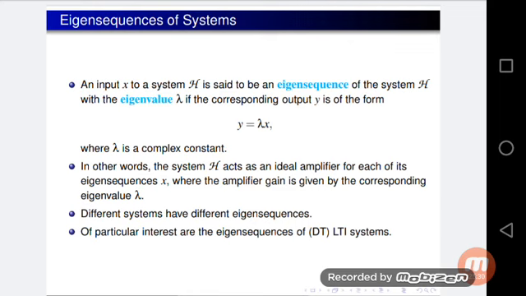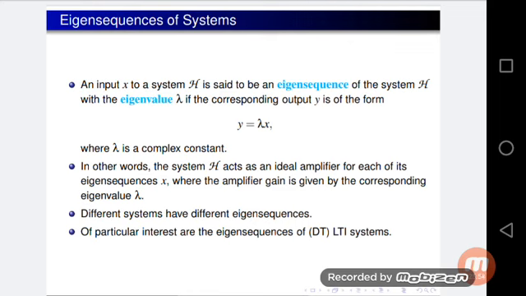In other words, the system h acts as an ideal amplifier for each of its eigensequences x, where the amplifier gain is given by the corresponding eigenvalue lambda.